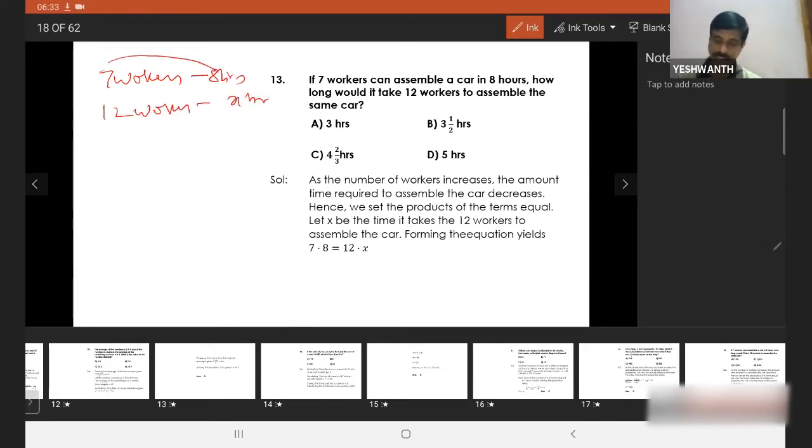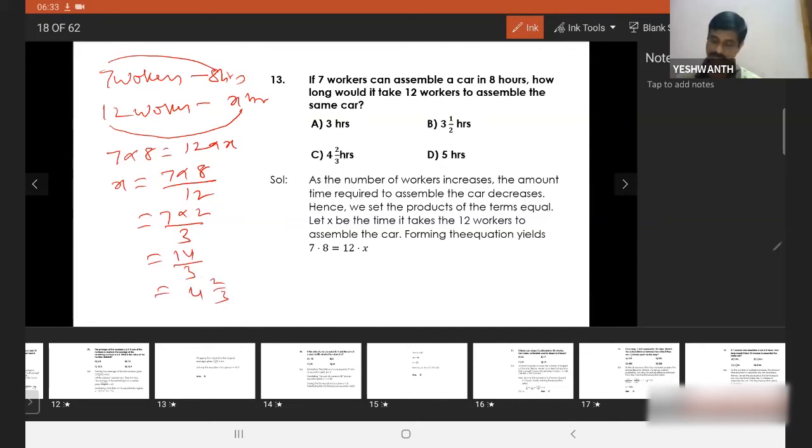So this into this, that into that equal to this into this, not this way, okay? 7 into 8 equal to 12 into X. So X equal to 7 into 8 by 12, okay? The number of workers ratio we are getting here, 7 by 12 into time. So this is 7 into 2 by 3, that is 14 by 3. So this is 3 4s are 12, so 4 2 by 3. So X equal to 4 2 by 3 hours. That is option C. Please note it fast, quick.